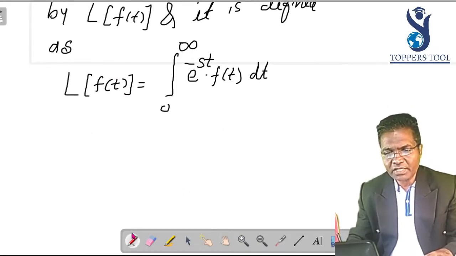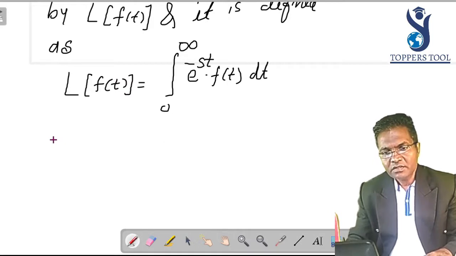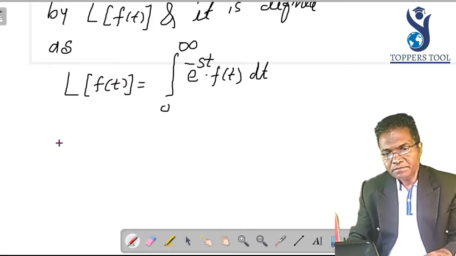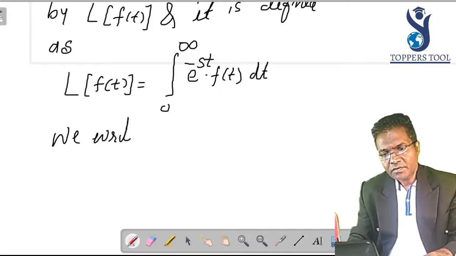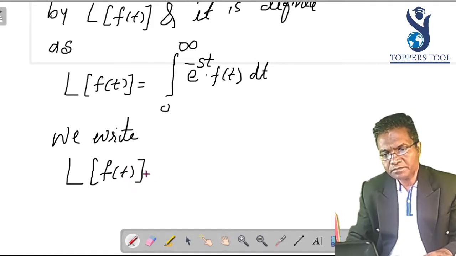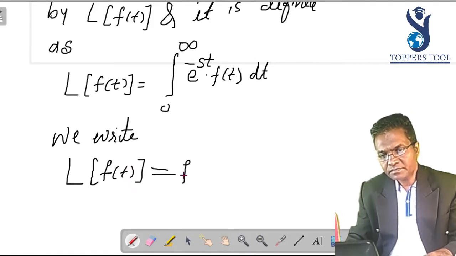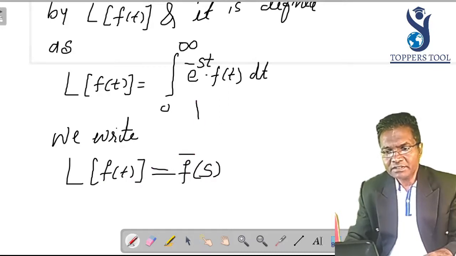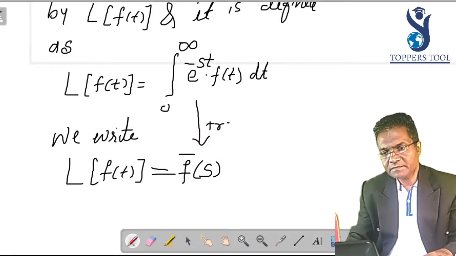Therefore we write L of f of t equals f bar s, because this gets transformed into a function of s.